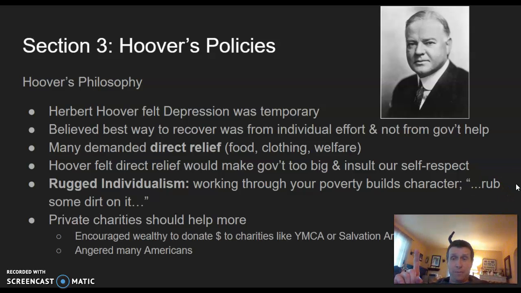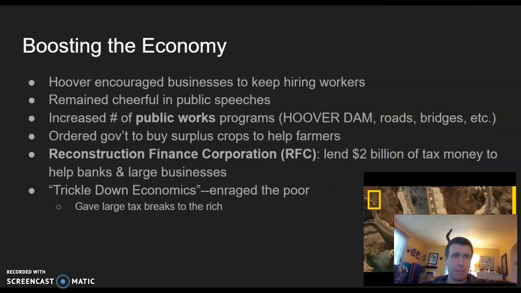If you were poor and working hard, you hated this man because he showed no sympathy and did not seem to feel bad about the problems people were going through. So Herbert Hoover is public enemy number one at the time.